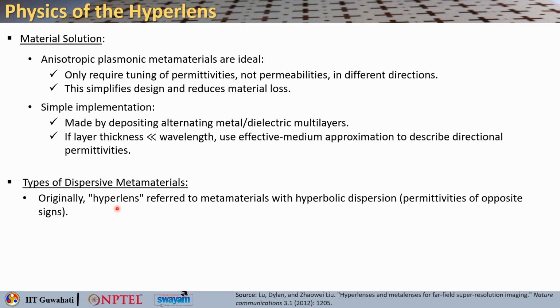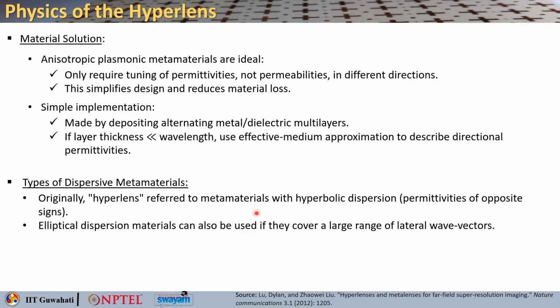Now, there are different types of dispersive metamaterials. Hyperlenses basically refer to metamaterials which have got hyperbolic dispersion. That means the permittivities are of opposite sign. So, epsilon parallel and epsilon perpendicular are of opposite sign, and elliptical dispersion materials can also be used if they cover a large range of lateral wave vectors.